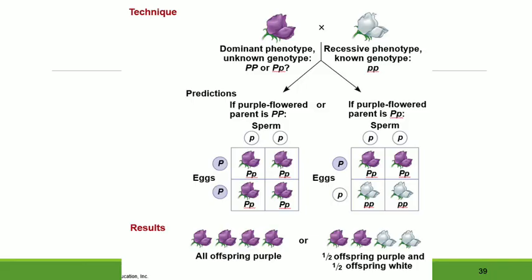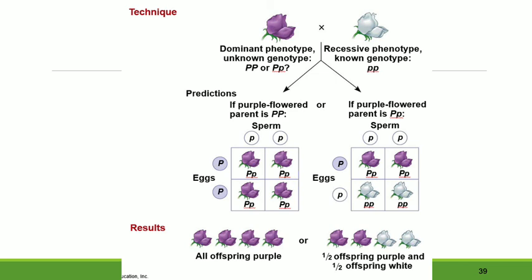This is what they would look like. If in the end all of the offspring from that test cross are purple, or they all look like the dominant individual, then it means that the original mystery individual was homozygous for the trait that you were seeing.